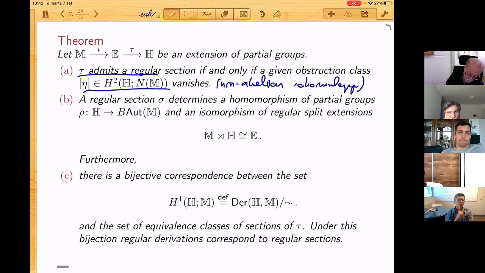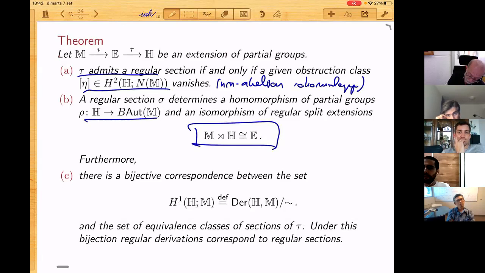So a regular section determines a homomorphism of partial groups, and then an isomorphism of regular split extensions. So this means in any extension of partial groups having a regular section, the total space is isomorphic to the semi-direct product.